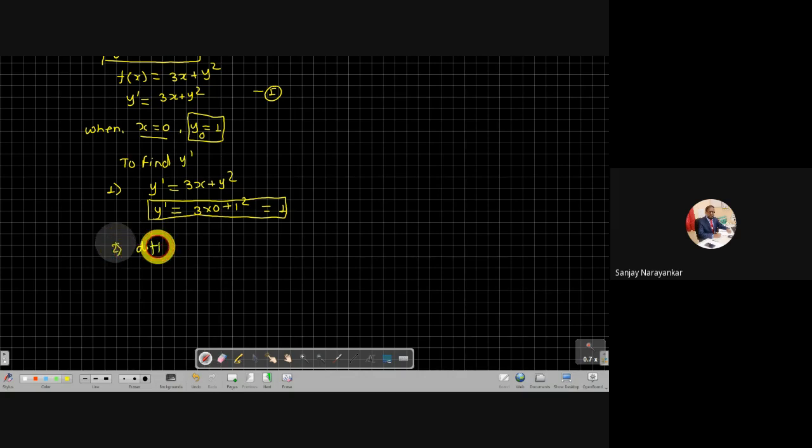Differentiating equation 1, we get y double dash is equal to 3 plus 2y y dash. Let us say this is equation number 2.